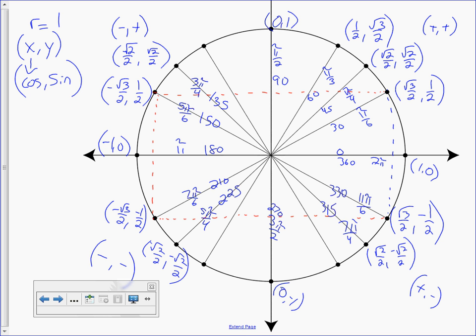And then lastly, our pi over 3s, our 60-degree reference angles. Our 60-degree reference angle comes across to 120. And let's see, that would be 2 pi over 3. So now we are at negative 1/2, comma, root 3 over 2. Down here we are at negative 1/2, negative root 3 over 2.